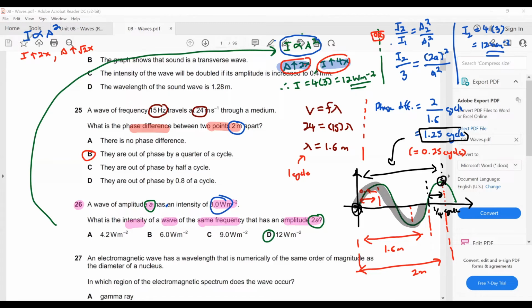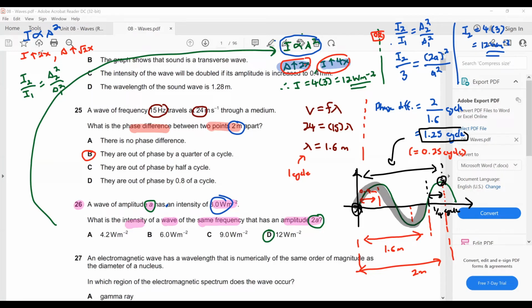But if the change is the other way around, we tell you intensity increase 2 times, what happens to the amplitude? It isn't increasing by 2 times, it isn't increasing by 4 times, it's actually increasing by square root of 2 times. This will be clearer if you use I2 to I1, A2 squared to A1 squared.